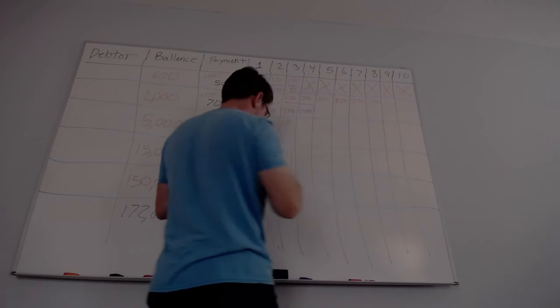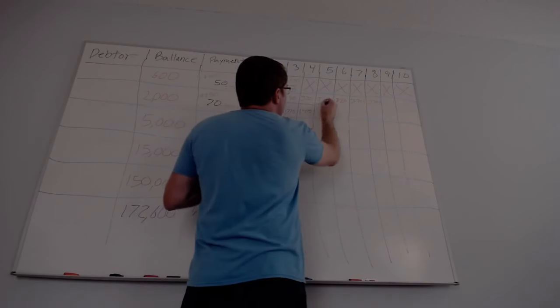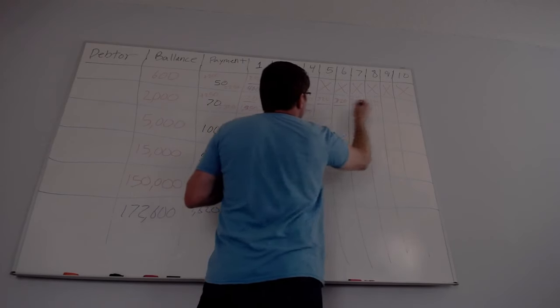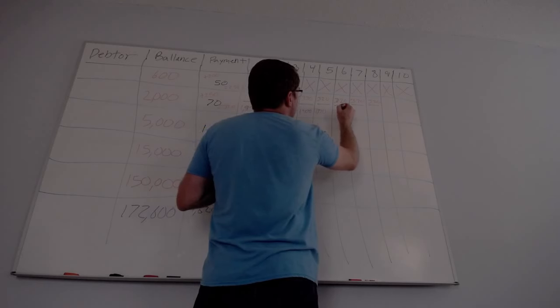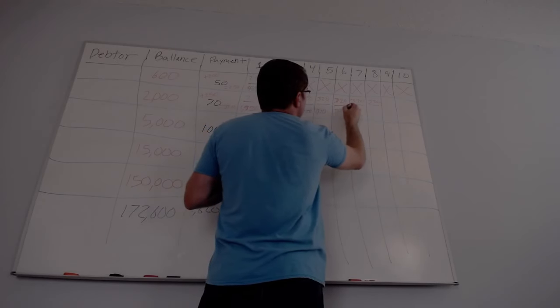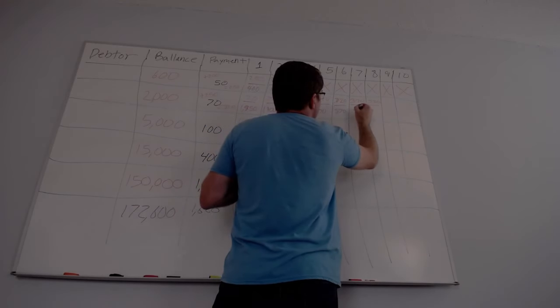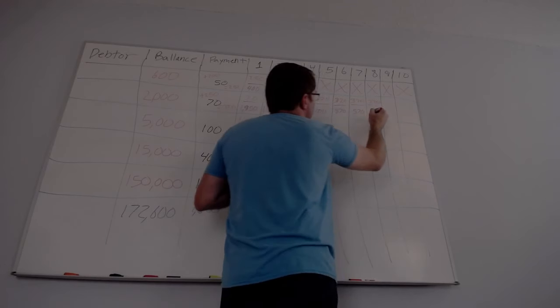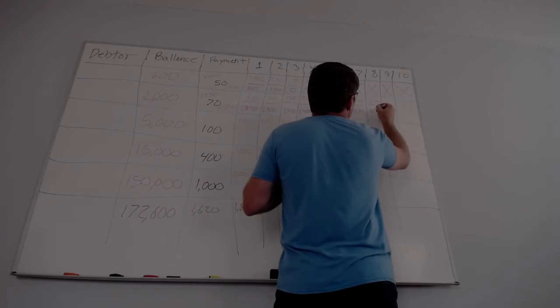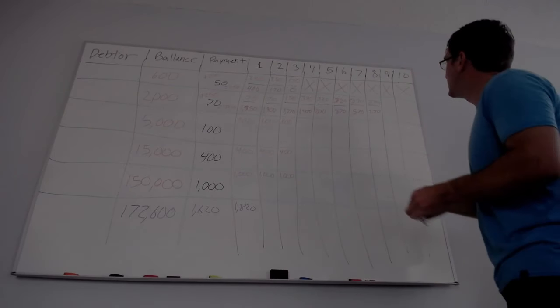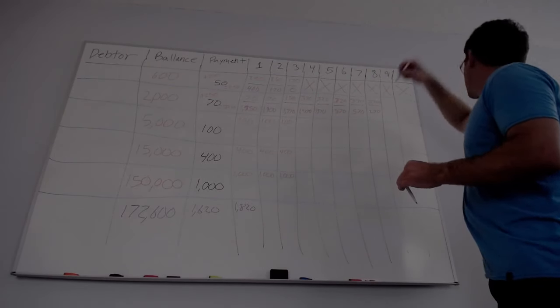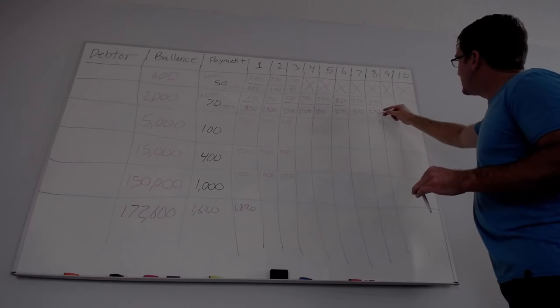So new balance is 1170, 870, 570, 270. Okay. So our new balance is 270, right?